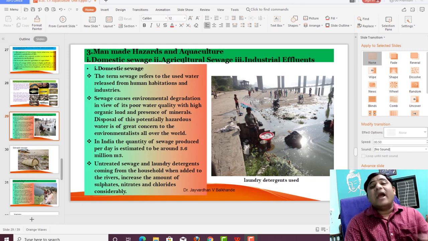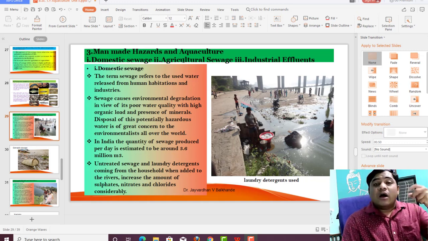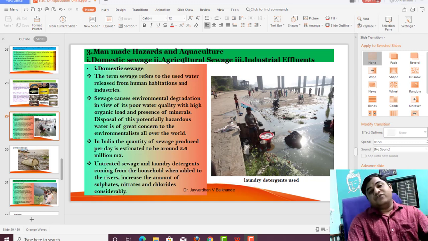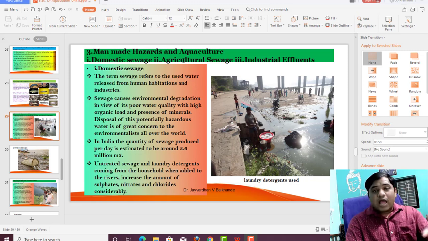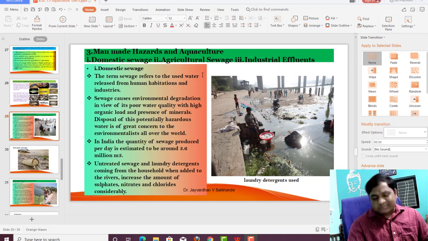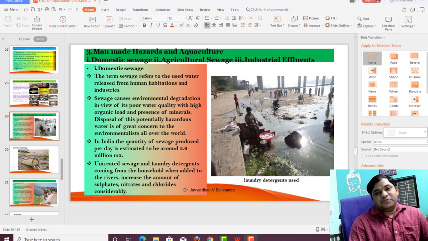That is called a hazardous activity, meaning that the activity is harmful to the fishes or to the flora and fauna present in the water body. We have discussed them one by one. There are three hazards we will discuss today. No doubt the first and very important aspect is domestic sewage.